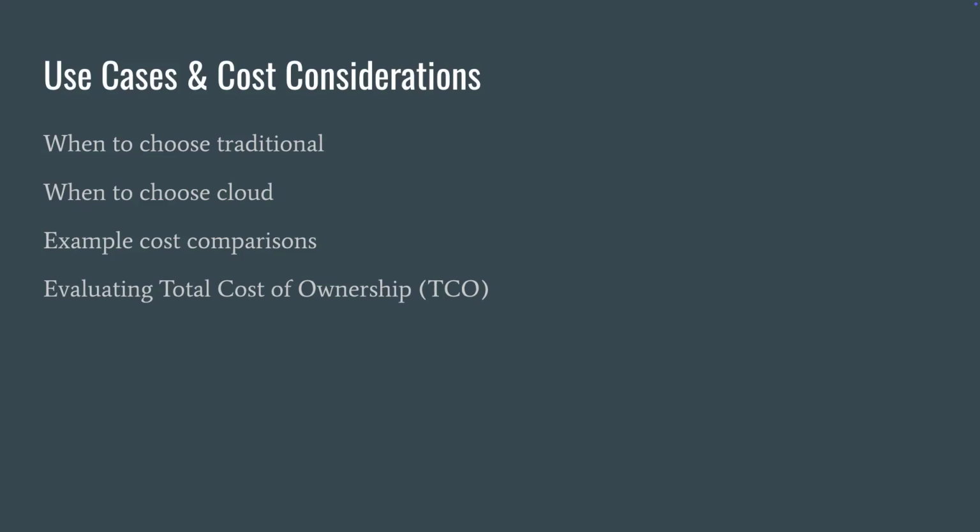So it's important to always analyze the total cost of ownership over the lifespan of your project, the lifespan of your application. You want to look at hardware, software licensing, personnel, and operational expenses when calculating total cost of ownership.